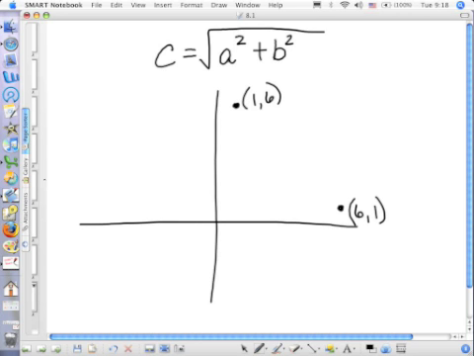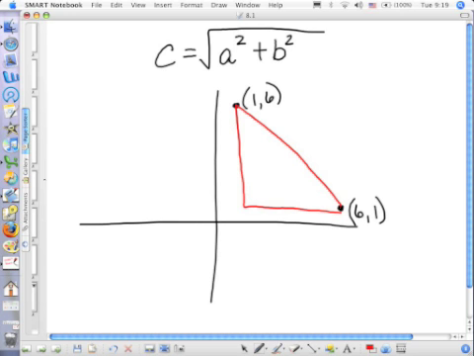All right, well, using this Pythagorean theorem, if we were to create a right triangle where that is the hypotenuse, that means we're going to come down how many units? 5. And we're going to go across how many units? 5.